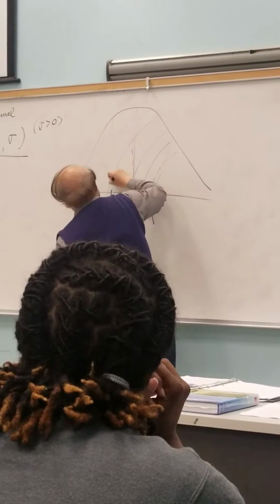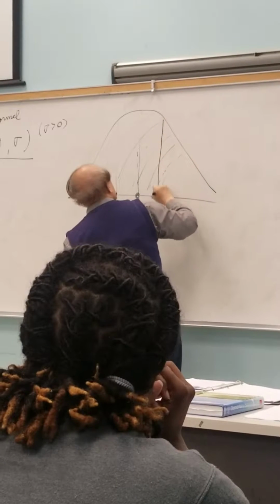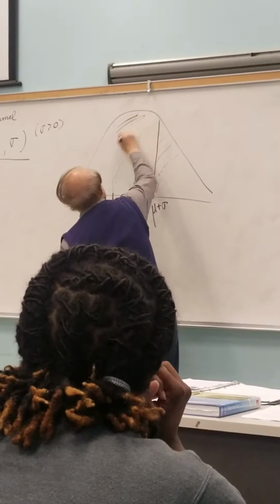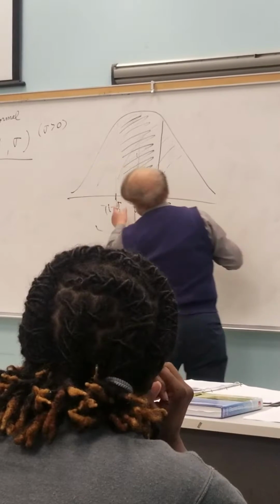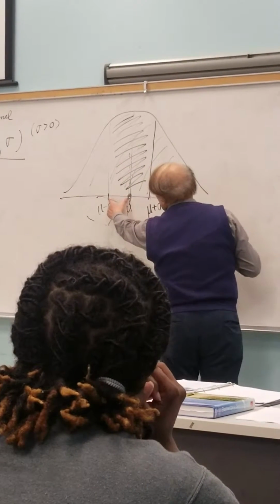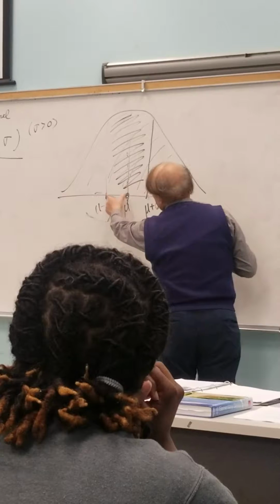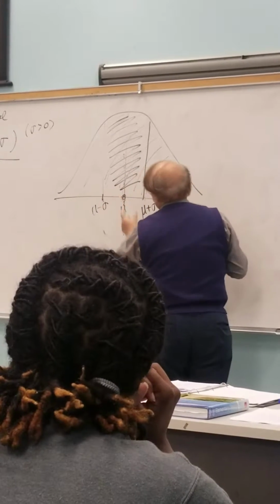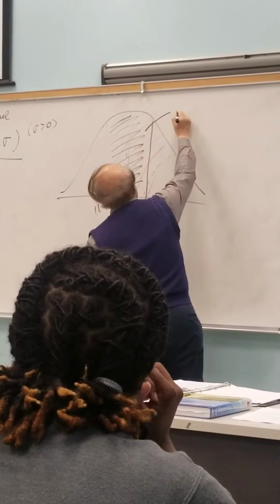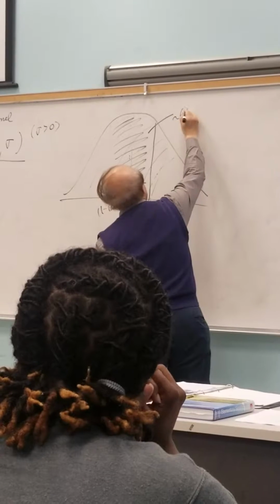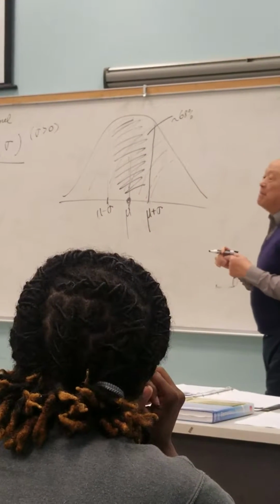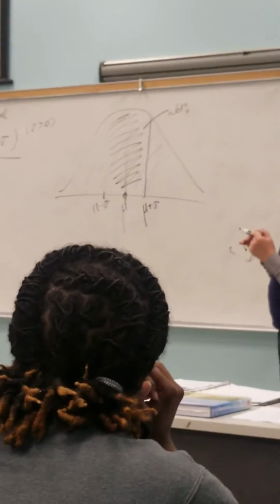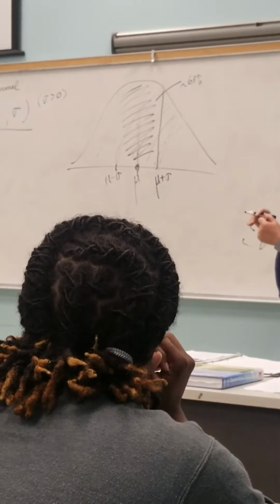Question. How much area is between one standard deviation from the center? 68%. The answer is about 68%. Do you remember we learned that empirical rule before, right? Empirical rule is from here.